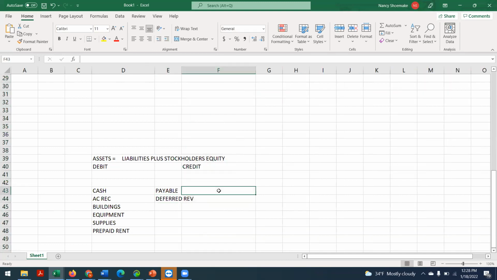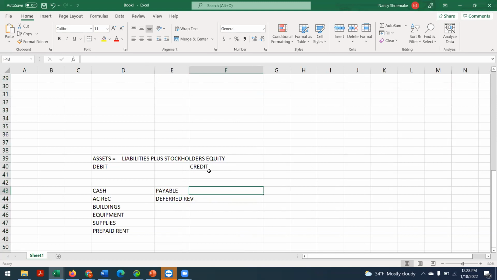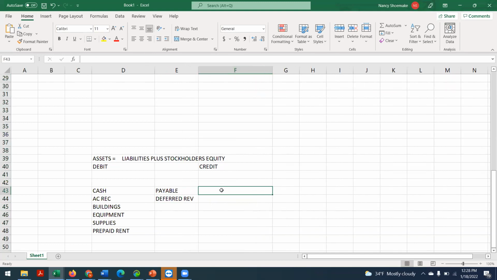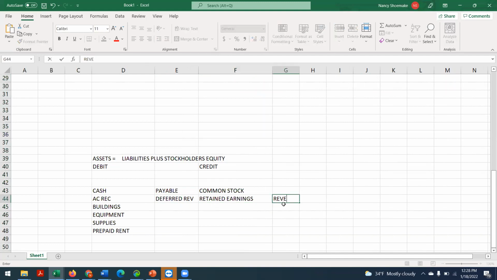Stockholders' equity is going to be common stock, retained earnings. Now we know retained earnings is made up of revenues and expenses.